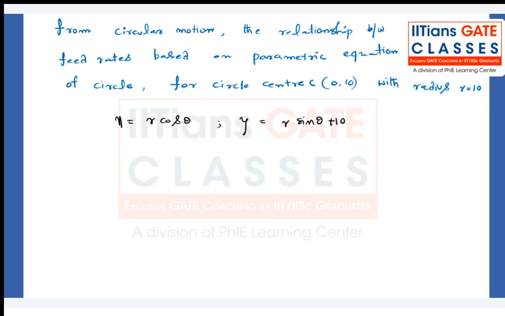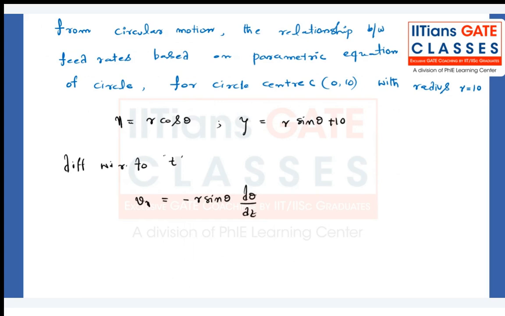Now differentiating with respect to t, Vx is equal to minus r sin theta times d theta by dt, right?